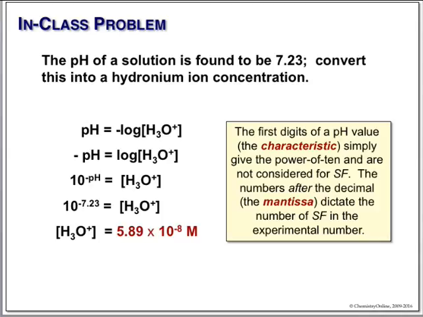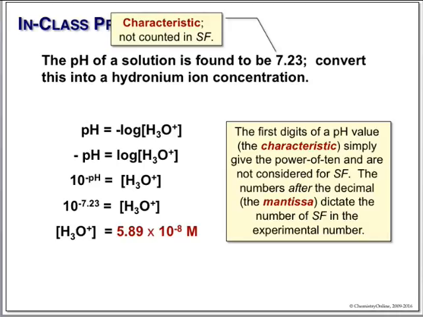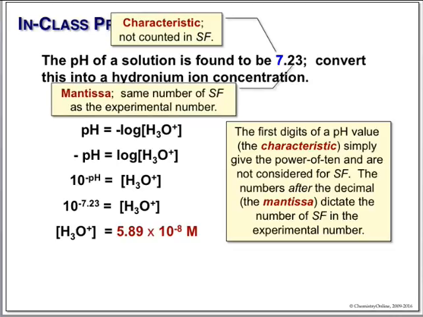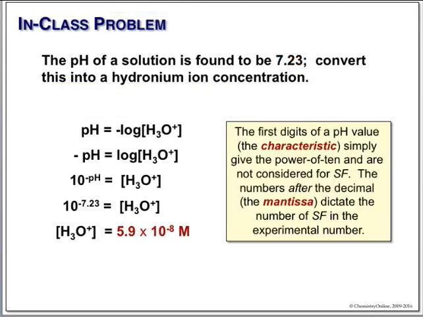Because a log, this number 7.23, actually consists of two things: the characteristic, which is the first number, and the mantissa, which is the second number. Anything after the decimal point is the real number. The first number is the exponent, the second is the real number. There are only 2 digits here, so this is really only 2 significant figures. So this really is 5.9. Just so you know that, but again, we're not going to do that on exams.